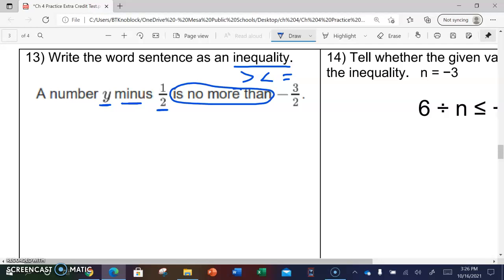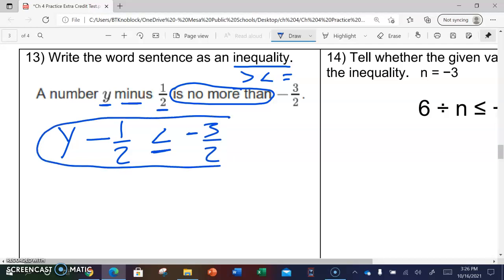So y minus 1/2 is no more than. If it's not more than, it's less than or equal to negative 3 over 2. So this is your inequality written. And that's it.